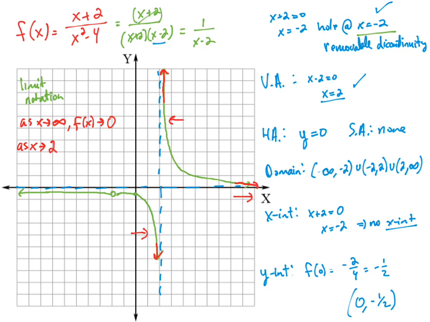So what we'd say is we want to differentiate between what's happening on the right side of that vertical asymptote and what's happening on the left side of the vertical asymptote. So we'd say as x is going to 2 from the right-hand side, because the function is going up, we're going to say that function goes to infinity.